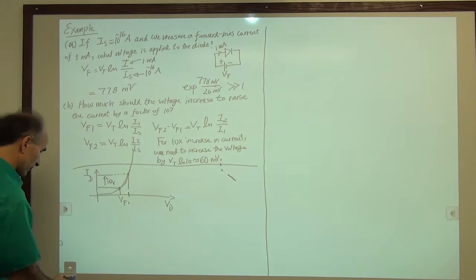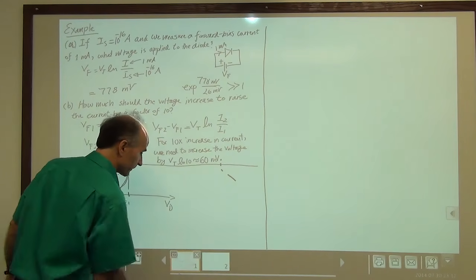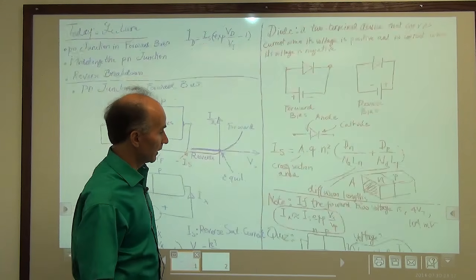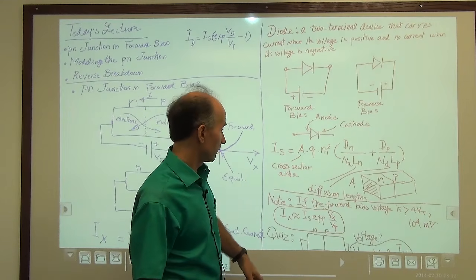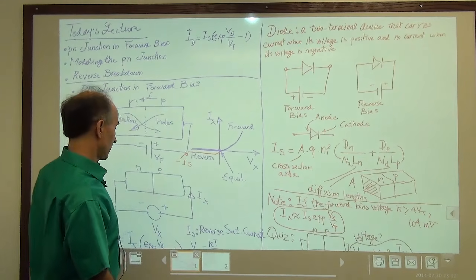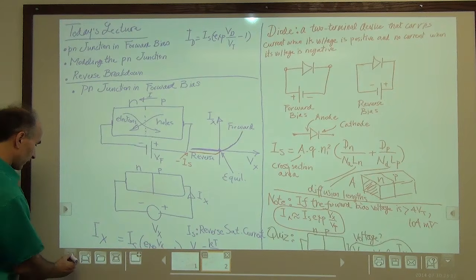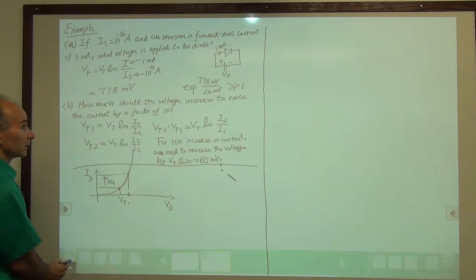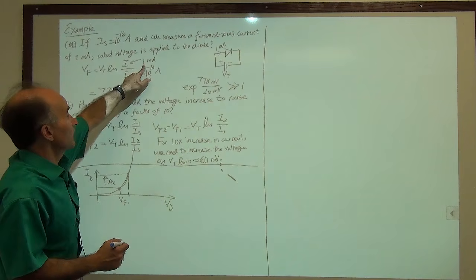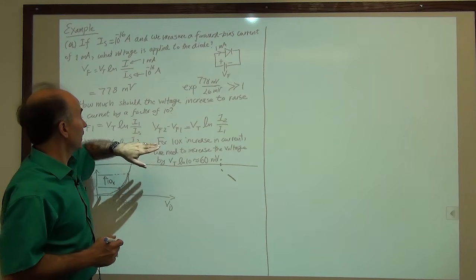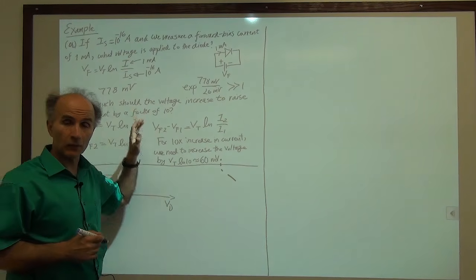So if we go back to the previous page, we calculated for typical doping levels the voltage to be, okay, I'm sorry, it's actually this page. We calculated the voltage for typical values of current and IS to be about 778 millivolts.